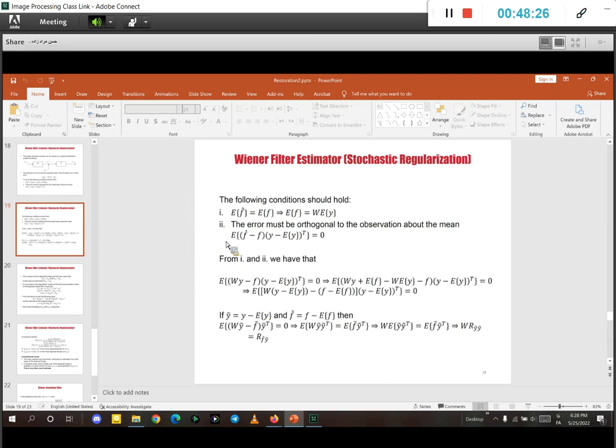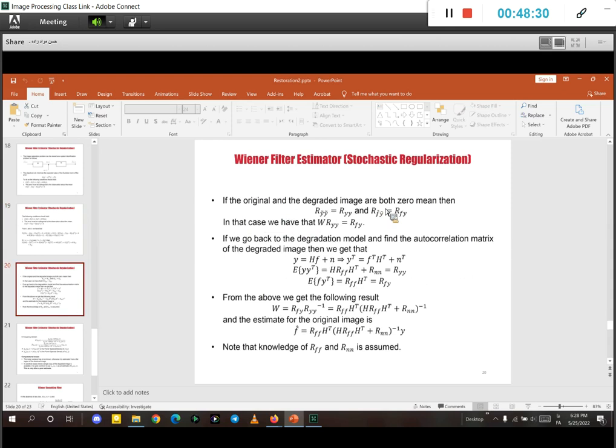Go to the next slide. If the original and the degraded image are both zero mean, then the autocorrelation of Y hat is the autocorrelation of Y itself, because of zero mean, and F Y hat is the cross correlation of F and Y, again because both of them are zero mean.